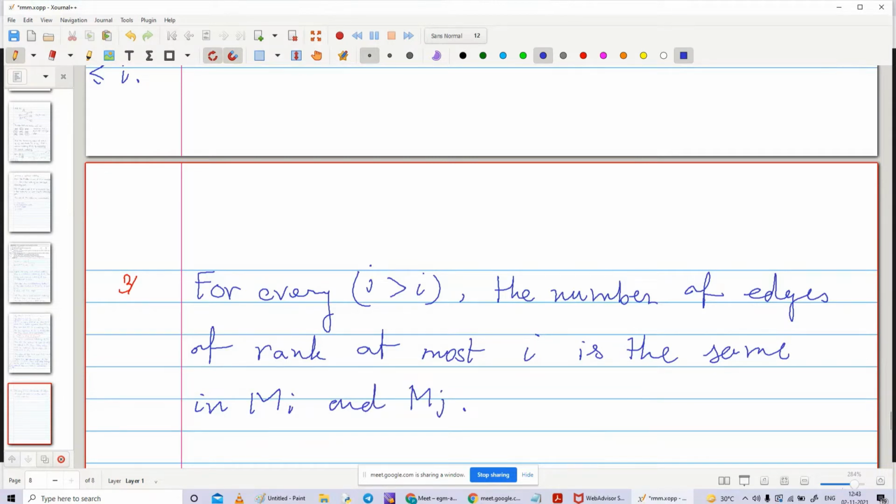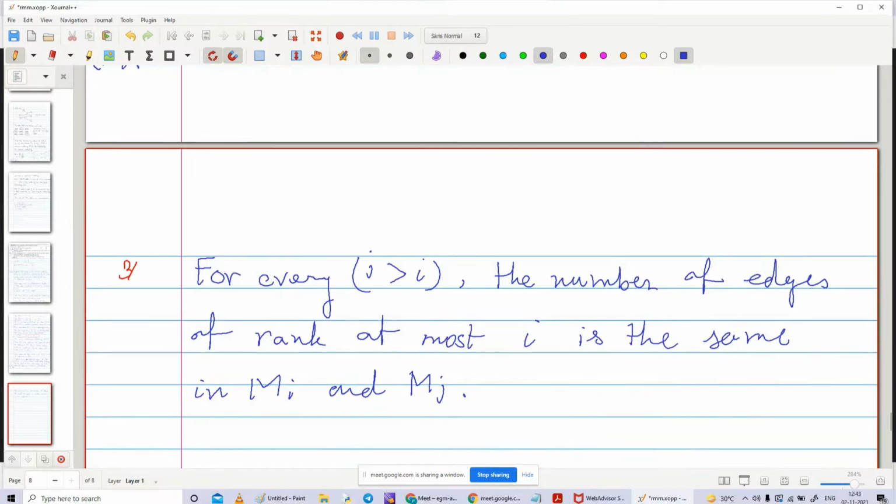So Mi and Mj are the matchings that we got from our algorithm in the ith and jth iteration, and we claim that in both Mi and Mj, the edges of rank at most i will be the same.